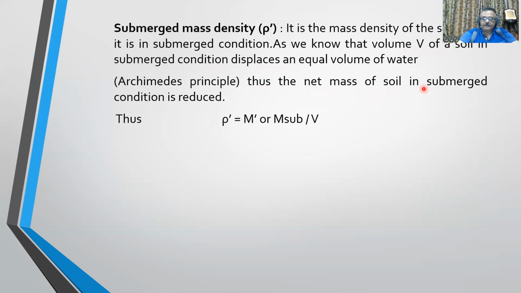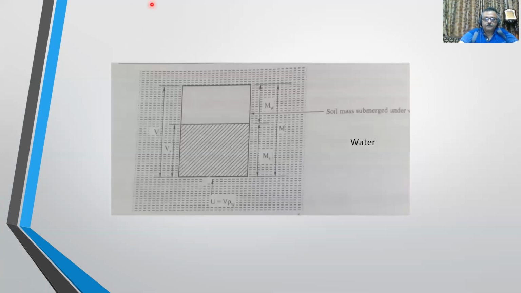Thus, the net mass of soil in submerged condition is reduced. So this is the formula. So these are the effects of how buoyant force comes into existence. This is a soil mass submerged under water. So this is the water, and this is the soil mass sample which you have taken, which is submerged under water.